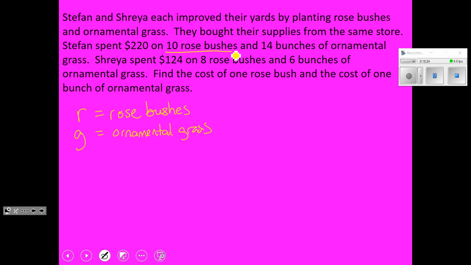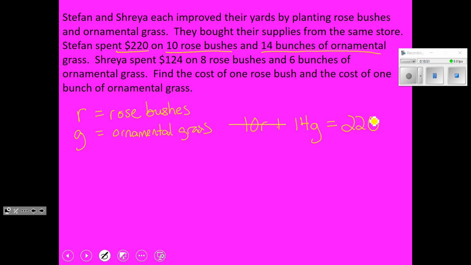Stefan bought 10 rose bushes and 14 bunches of ornamental grass and spent $220. So how can we write that as an equation? 10R plus 14G equals 220.